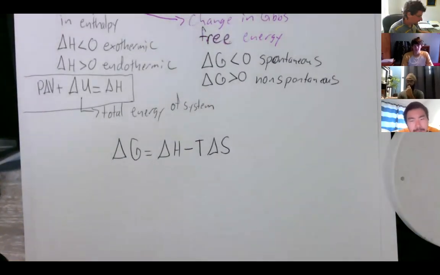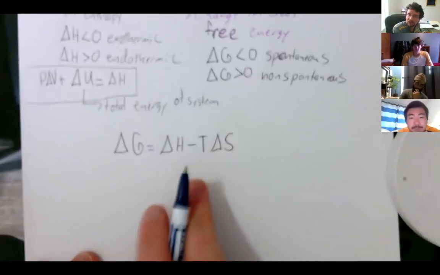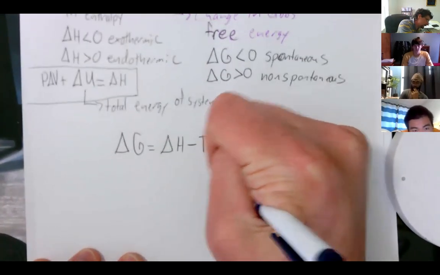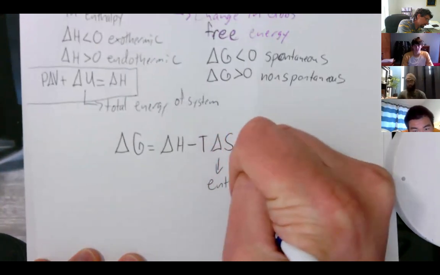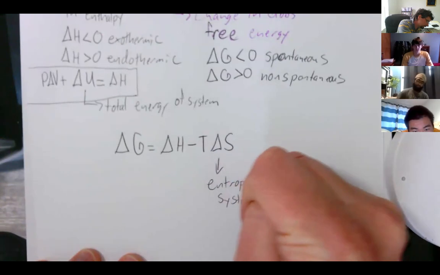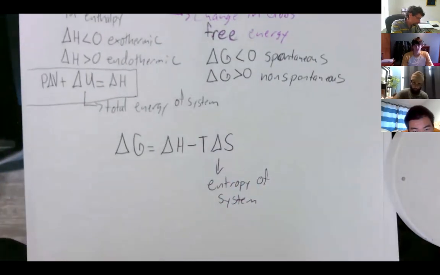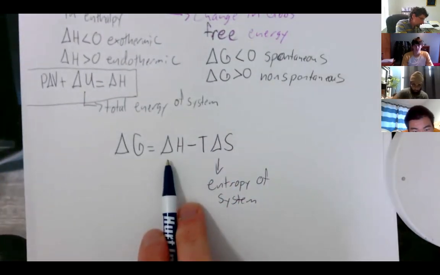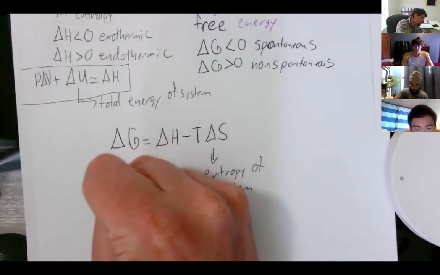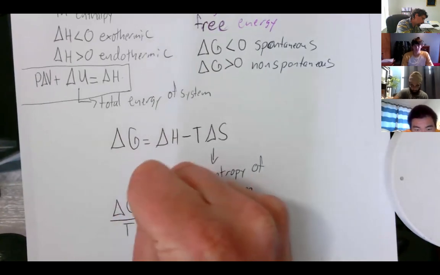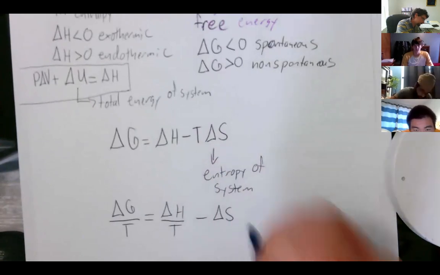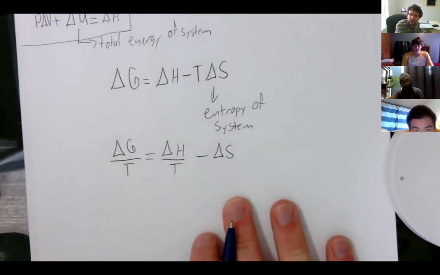Okay, so let's dive into what this equation actually means. So this is the entropy of our system, right? If we divide this equation through by T, we get that.